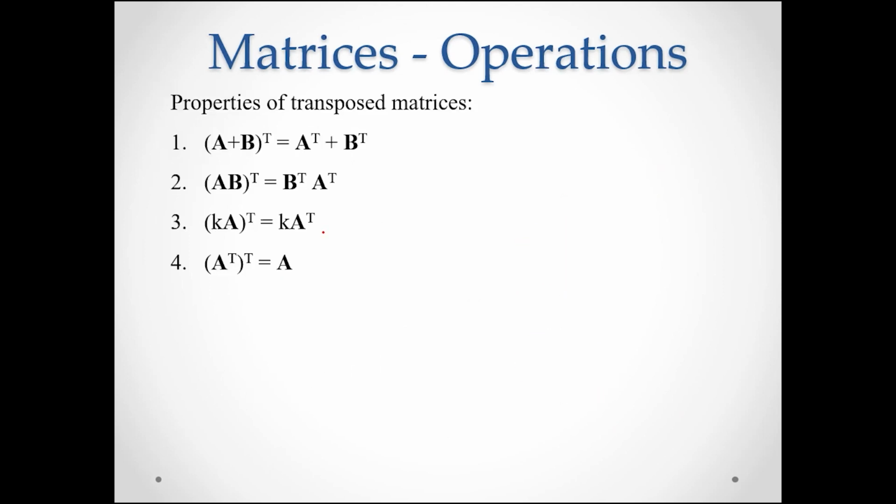Some properties of the transpose matrix. If I add two matrices and take the transpose, it means we are taking separate transposes and then adding. It means the same thing. If I multiply two matrices and then take the transpose, it means we are taking the reverse order of the multiplied transposes, right?